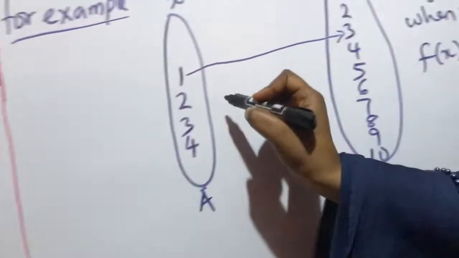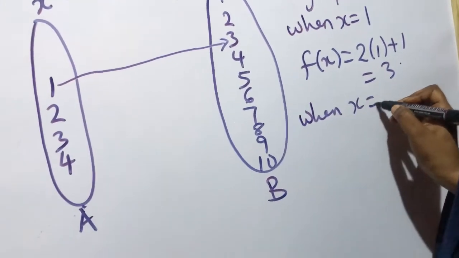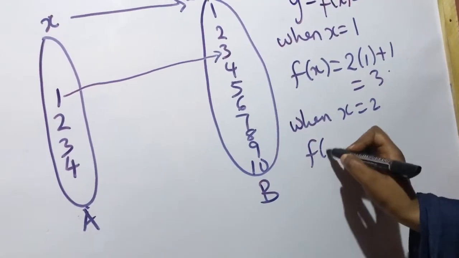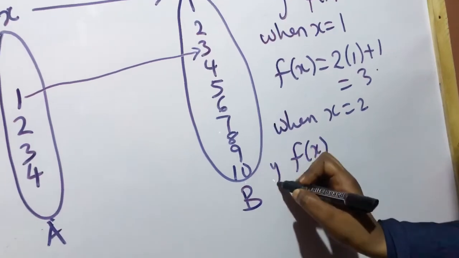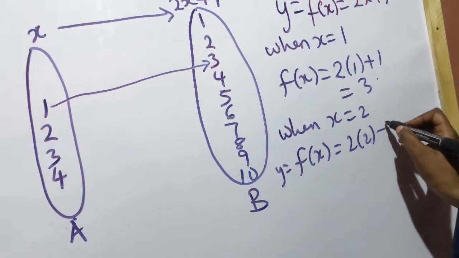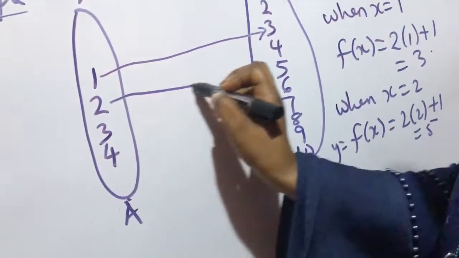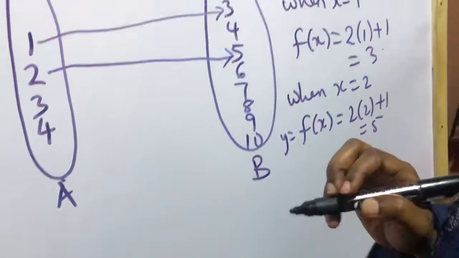When x is equal to 2, f of x, which is y, is equal to 2 multiplied by 2 plus 1, and it is equal to 5. So 2 is assigned to 5.